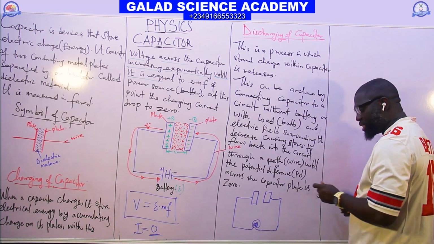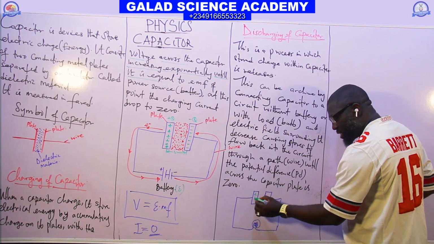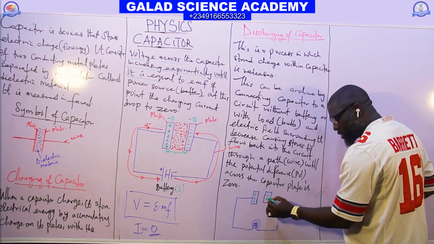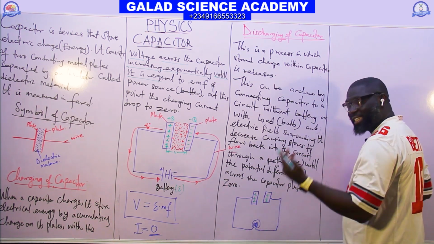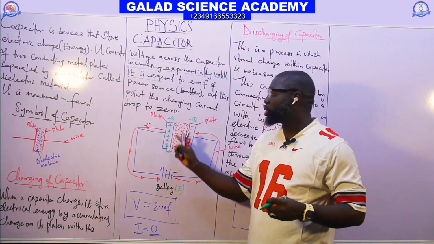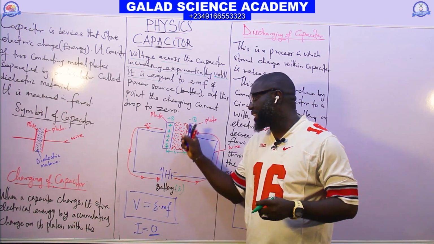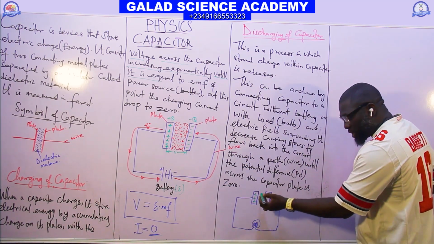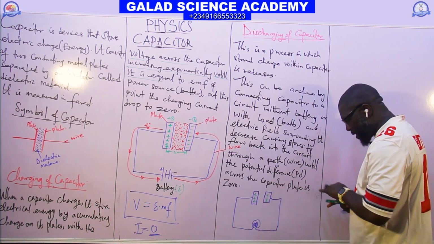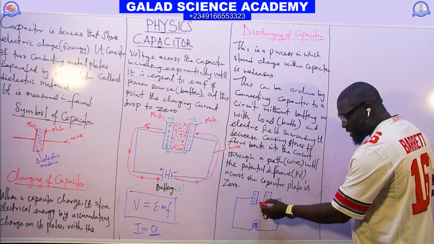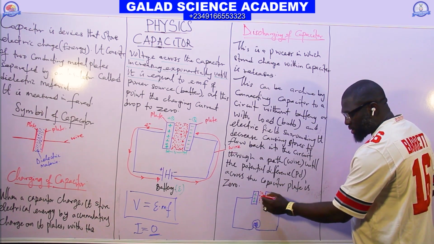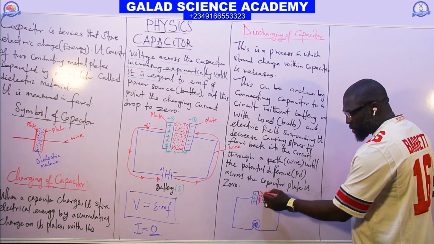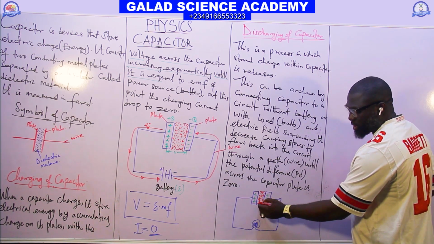If I put a bulb here, all the charge we have on the plate, the electrical energy we have in a capacitor, is not stored in the dielectric material, it's stored on the plates.